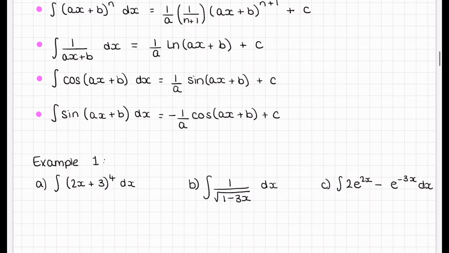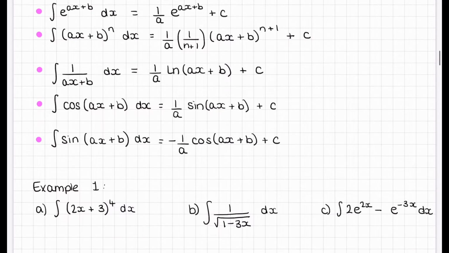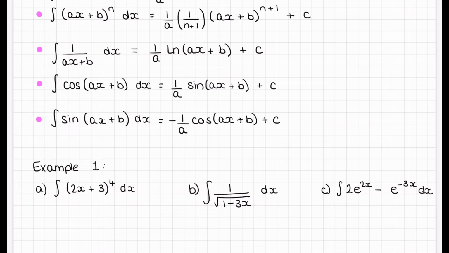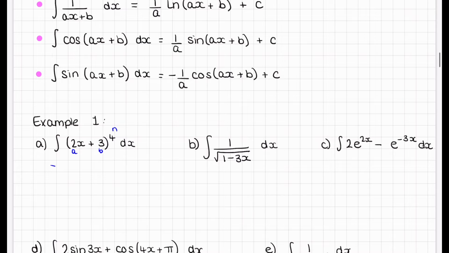So first one, we want the integral of (2x plus 3) to the power of 4 dx. If you look here, we use that second rule. Now we've got a, b and n, so we just need to know that the 2 is the a, the 3 is the b, and the 4 is the n, and then we can just sub those values into the equation, which will give us 1 on 2 multiplied by 1 on 4 plus 1, and then the bracket stays the same, and then we add 1 to the power as well, and then plus c.